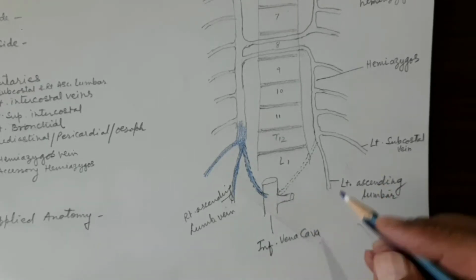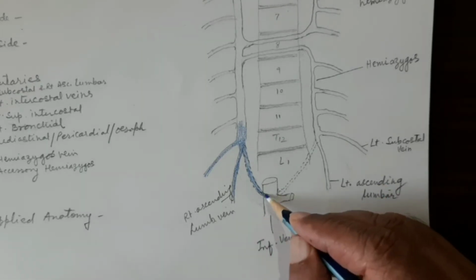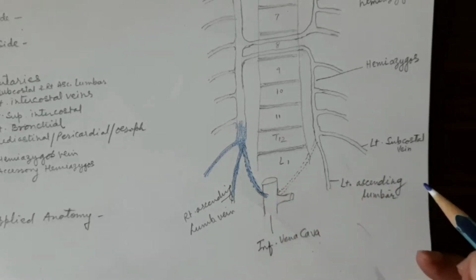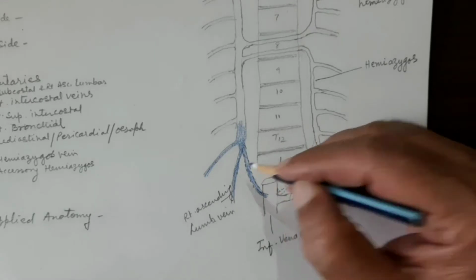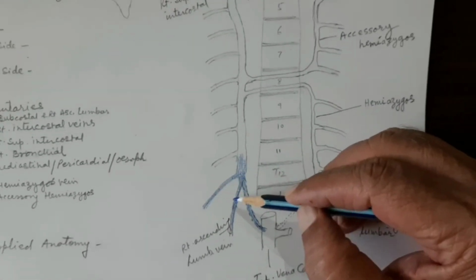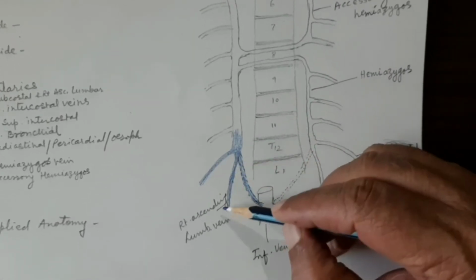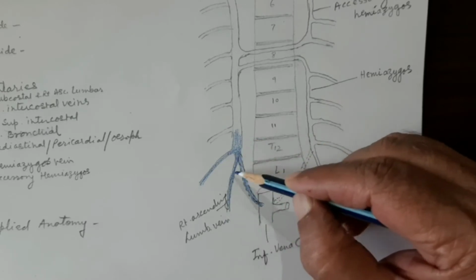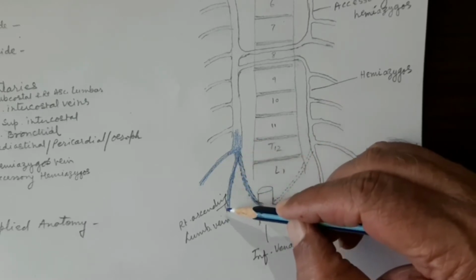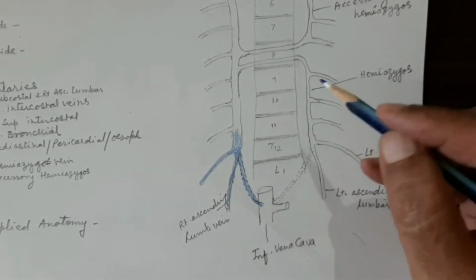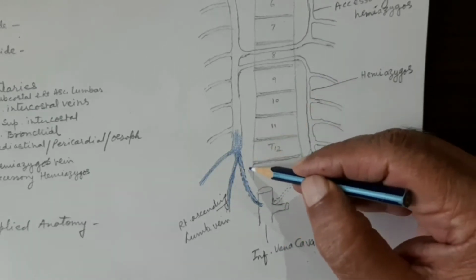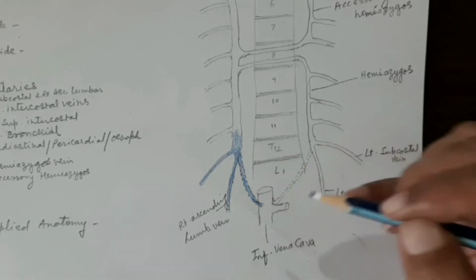Or there may be a vein arising from the right renal vein and then it will form the azygos vein. But the most common type of formation is the union of the right ascending lumbar vein with the subcostal vein at the level of the upper border of the L1 vertebra.